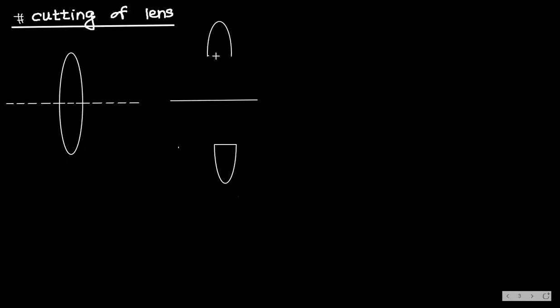This is one piece and here is another piece. So whatever the focal length of the original lens is, the same focal length is for this part also and for this part also. Understand? Why? Because the radius of curvature of this part and this part is going to be the same.